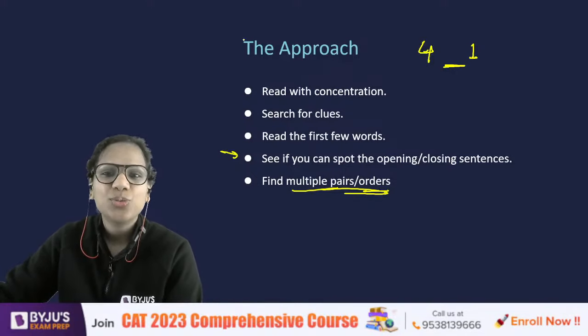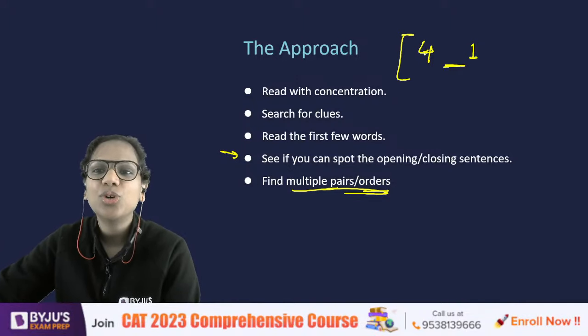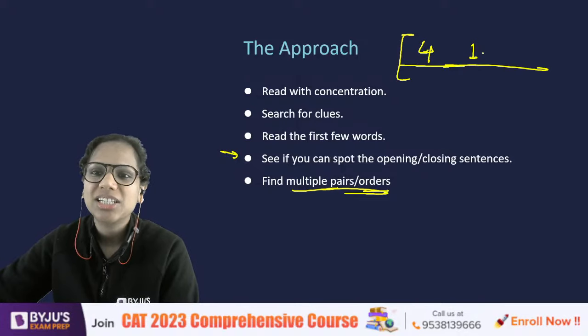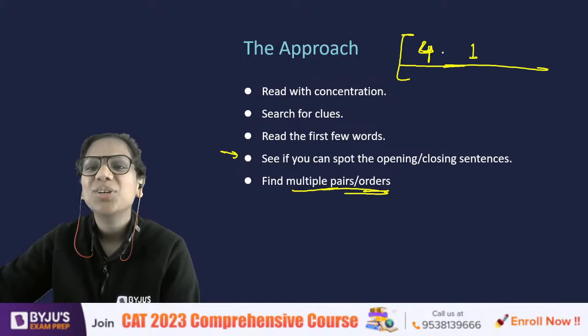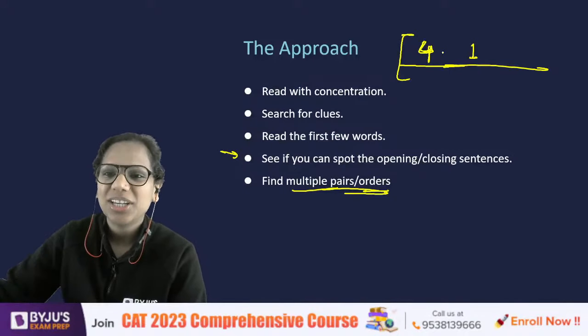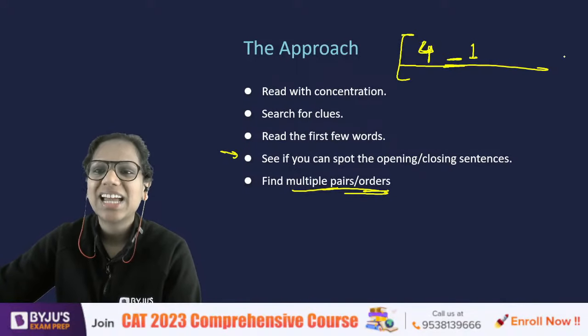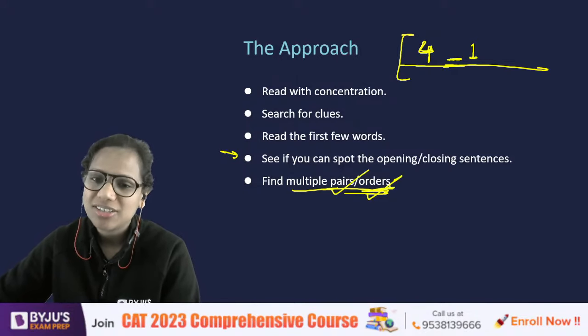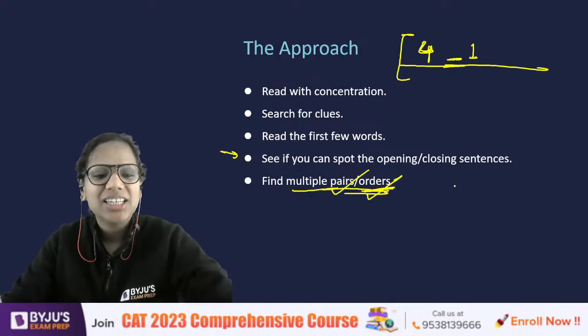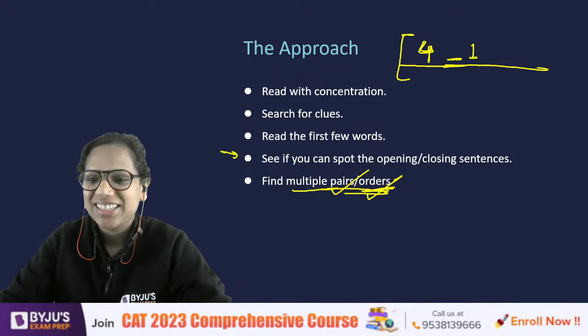You first make these connections. You don't know if 4 and 1 are adjacent to each other, but you know that in a row 4 is sitting before 1, 4 is on the left of 1, right? So if you know even this much, then you can keep some blanks and make arrangements. So find multiple pairs, multiple orders, if not pairs, and keep going progressively.